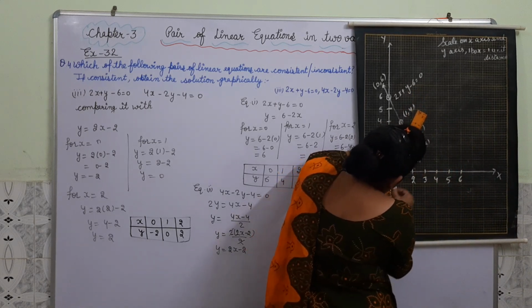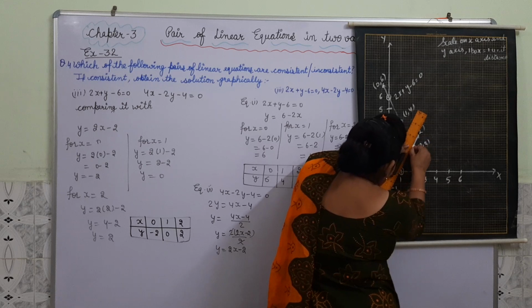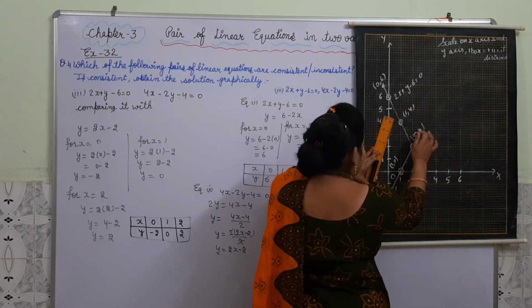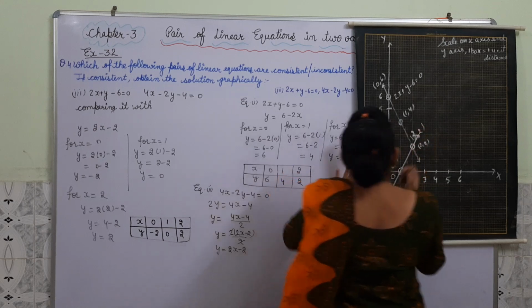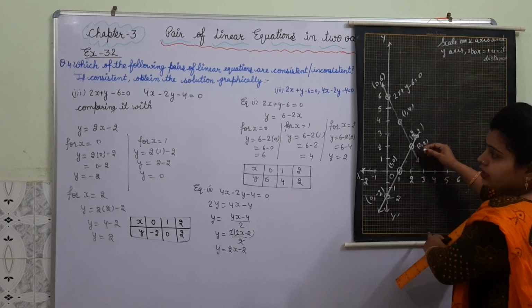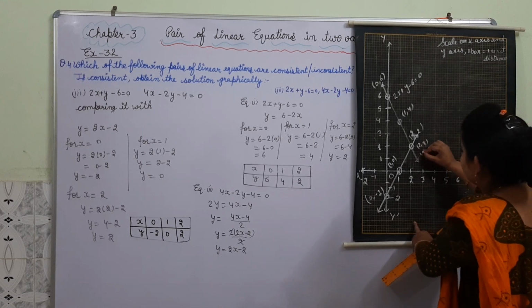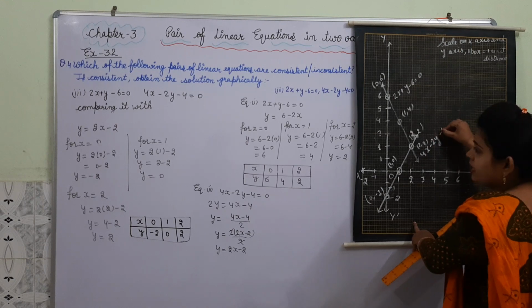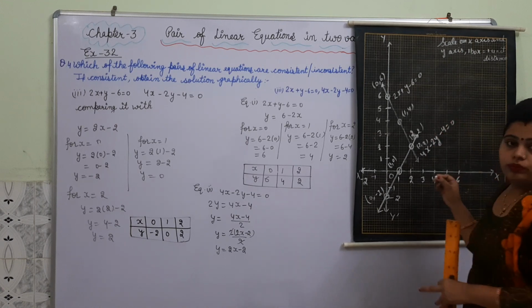Now we will join these points. It is 2, minus 2. Now dear students, write its equation. It is 4x minus 2y minus 4 is equal to 0.